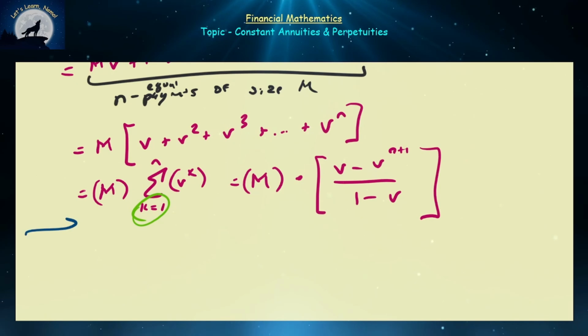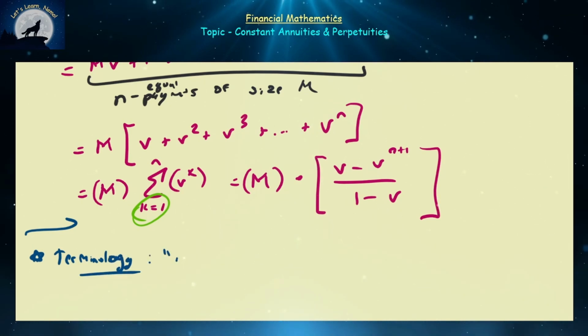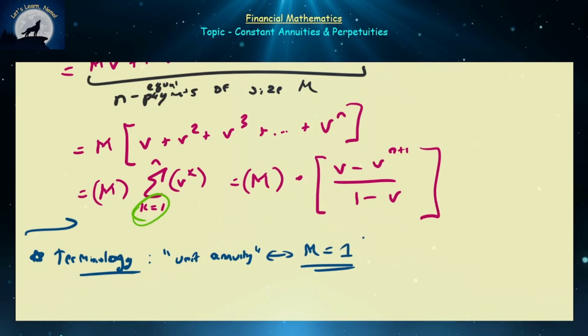And before we start to introduce some commonly used notation for this particular thing, I just want to mention a brief bit of terminology. A unit annuity is where your payments, m, are all equal to 1.